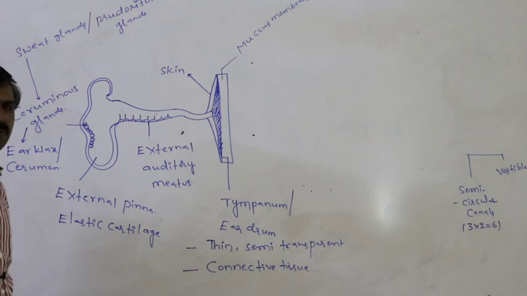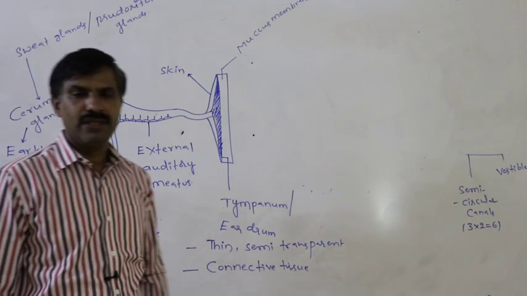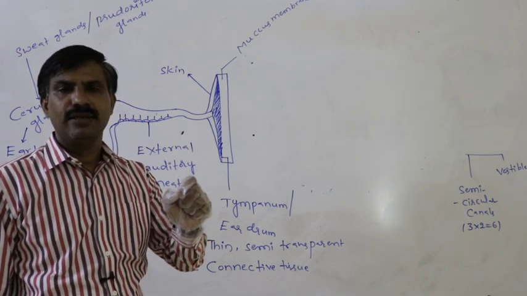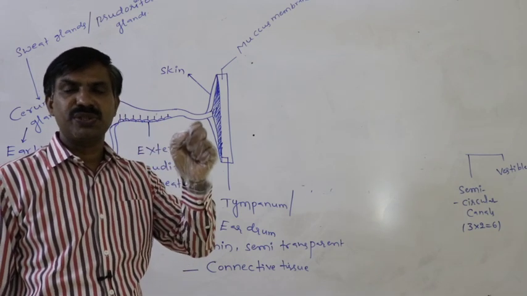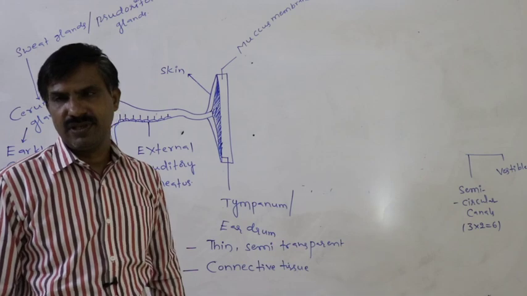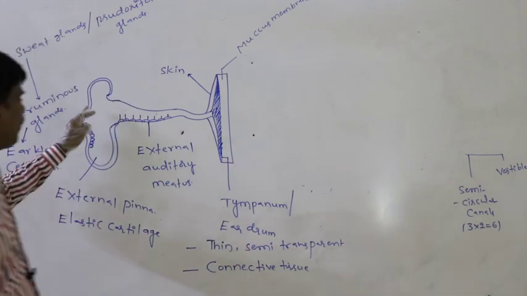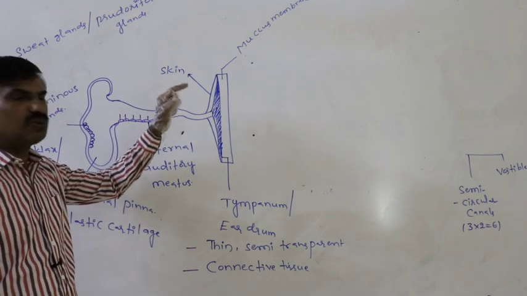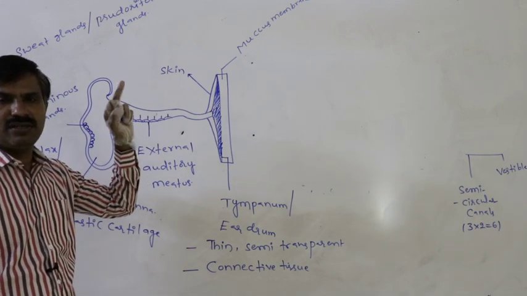Next, what is the use of the tympanum? It is principally useful to generate mechanical vibrations in response to the sound vibration. Whenever the sound vibrations reach the tympanum, the tympanum vibrates against that sound vibration.